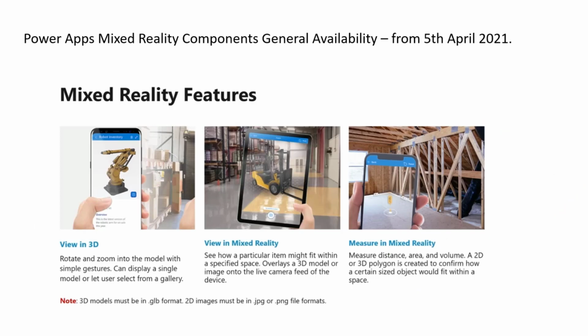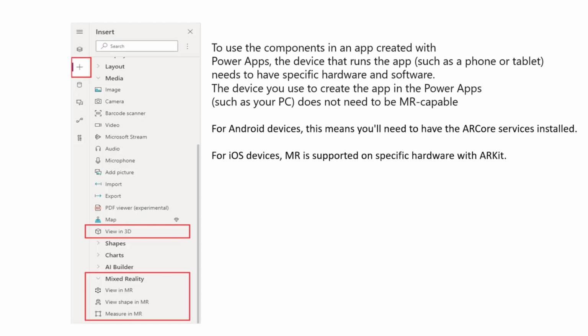The mixed reality components are generally available from 5th April 2021. So it's basically a new feature, and it can help you build some 3D models and some mixed reality features. How does it look? I will just show you this short picture, and Tomislav will later show you live how it looks.